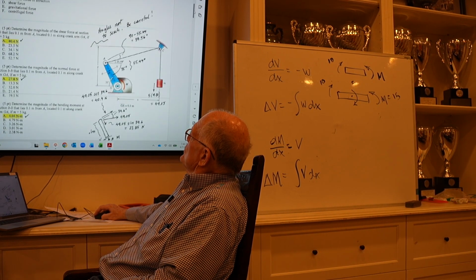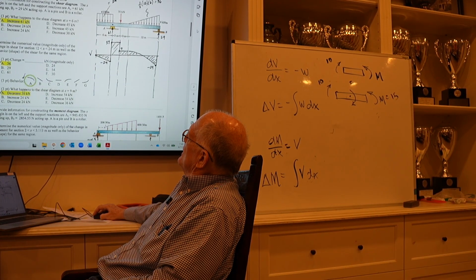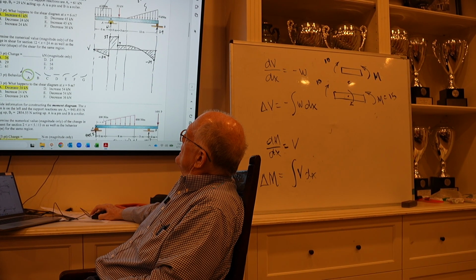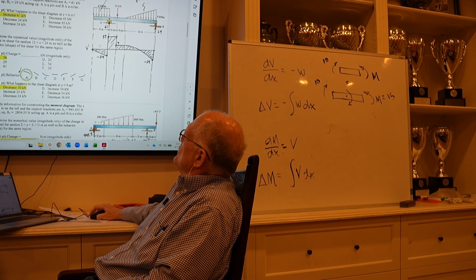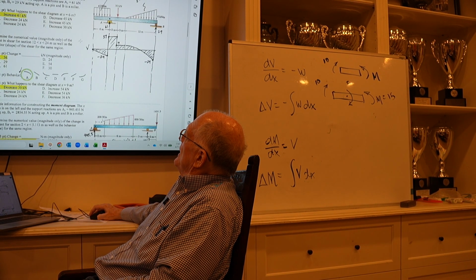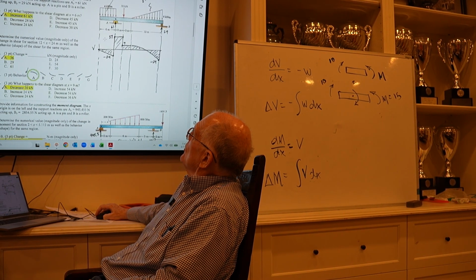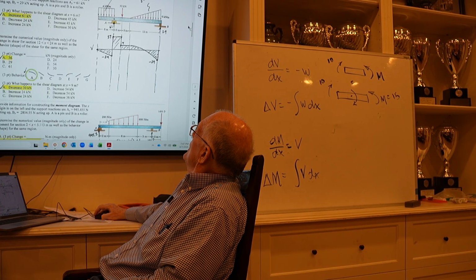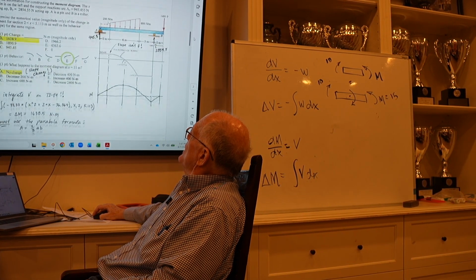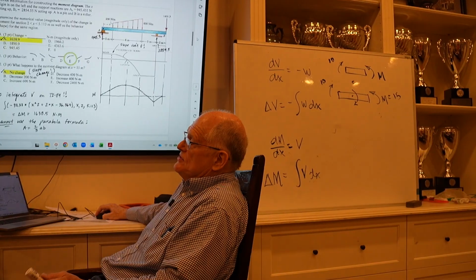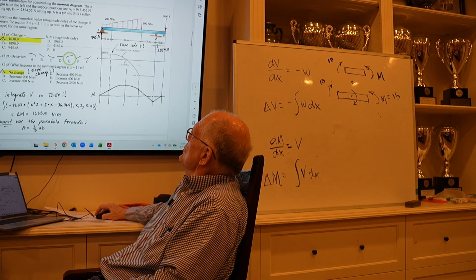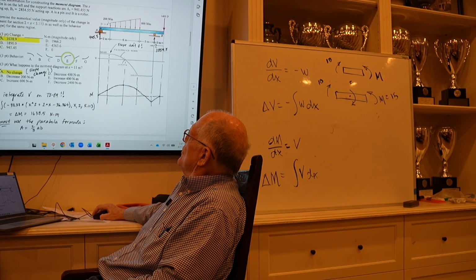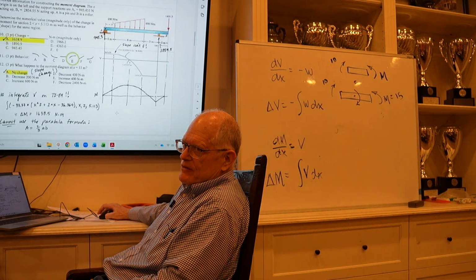The way shear and bending works on the exam is they typically will give you a load curve, and then you have to find the shear curve, and they ask you some questions about the shear curve. Then there's another problem, which is typically different, where they give you a load curve and the shear, and based on that, they ask questions about the bending moment.